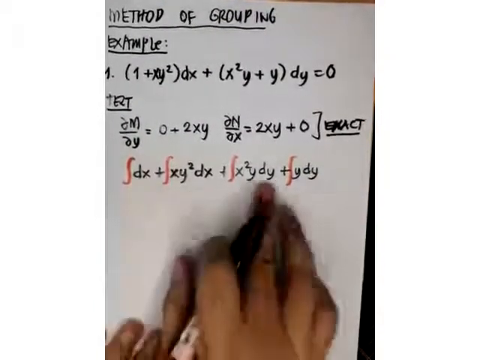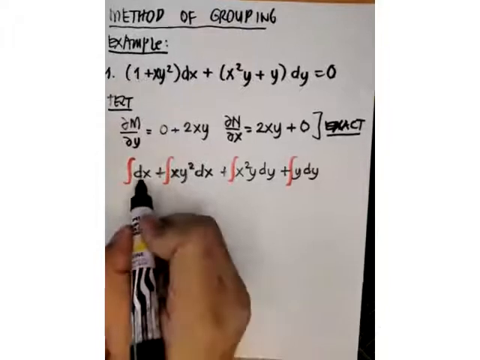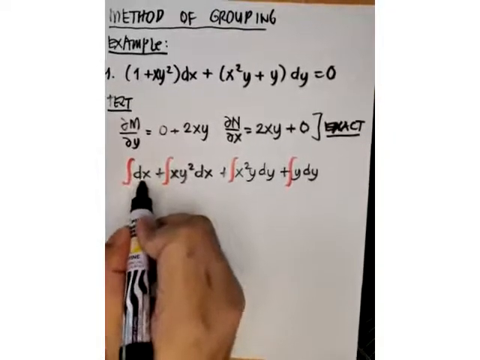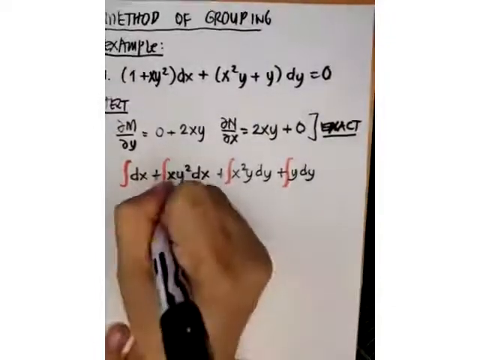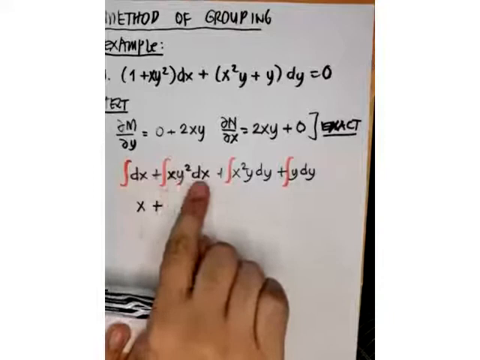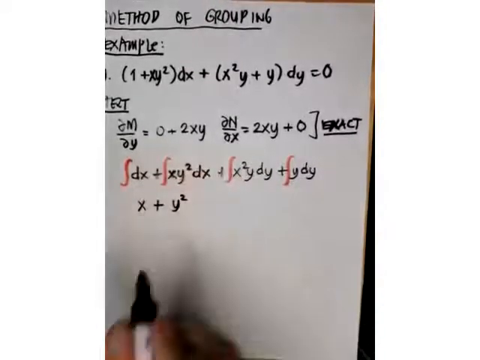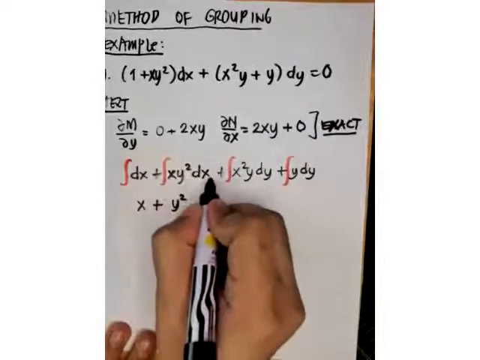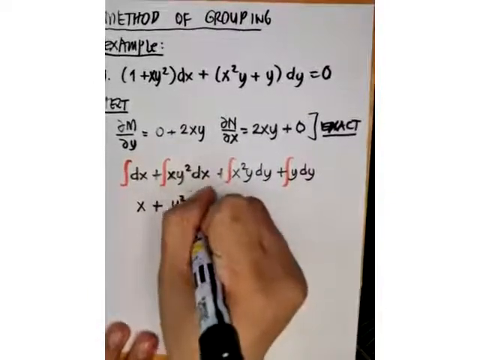Dx yan, ano integral ng dx? X. Plus, ito i-integrate natin with respect to x, so that means yung y squared is constant. Anong integral ng x dx? Integral niya ay x squared over 2.